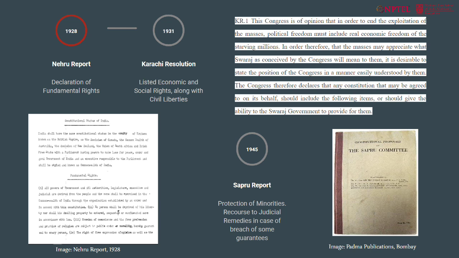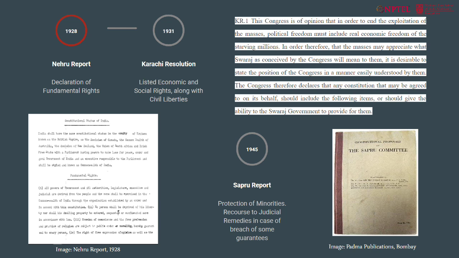In 1928, we get a strong document called the Nehru Report. This was Motilal Nehru, who was commissioned by the Congress to develop a document that could serve as, in some ways, a proto-constitution, but more directly, a declaration of fundamental rights.